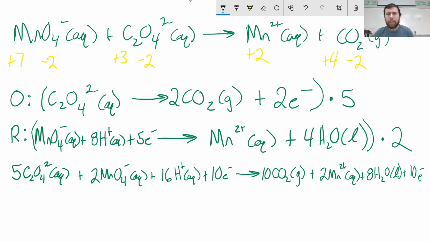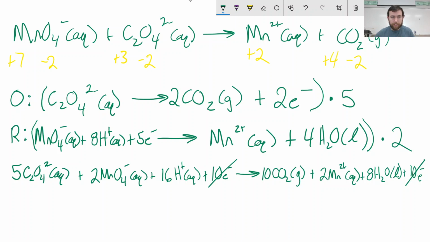All right, and so then, as you can see, we've combined both of those equations. And so now I can begin to cancel out things that are showing up on both sides of the equation. Now for us, that's the 10 electrons that are here and here.